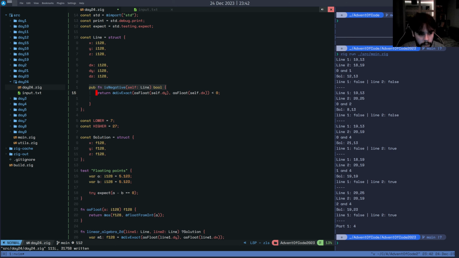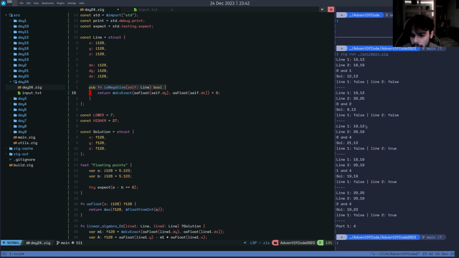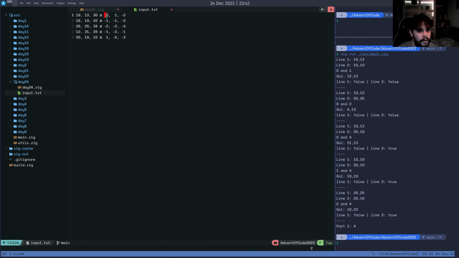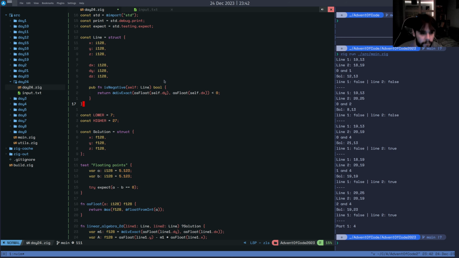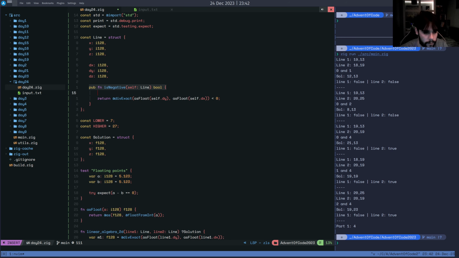What am I doing wrong? So it's saying at 0, 4 that line 1 is still false. And line 1 is 0, 19, 20. No, that's fine. Bro. What? It's negative.